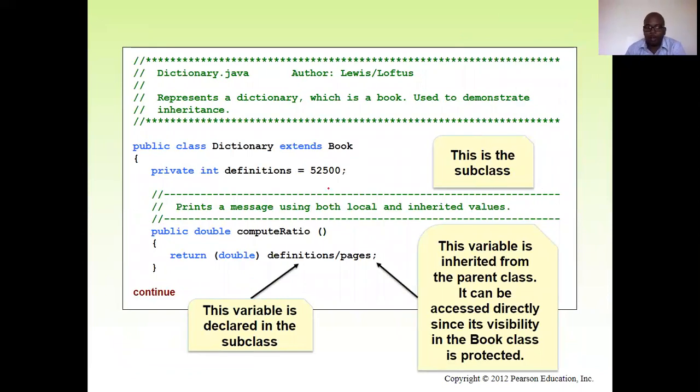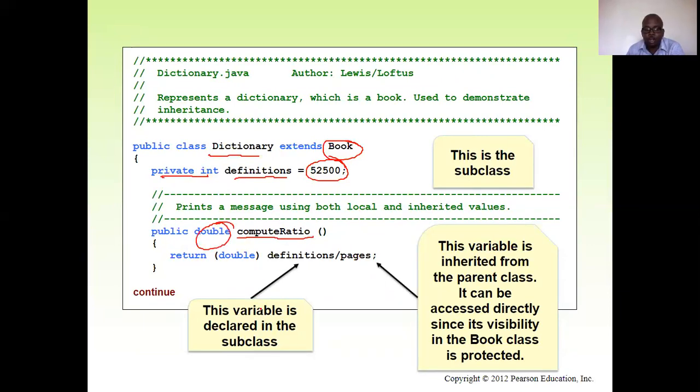Now, here we have dictionary, which extends book, right? So this is a subclass of book. And here we have a private variable called definitions, and we put the amount of definitions there. Okay. Now we have a method called compute ratio, which returns a double. Okay.